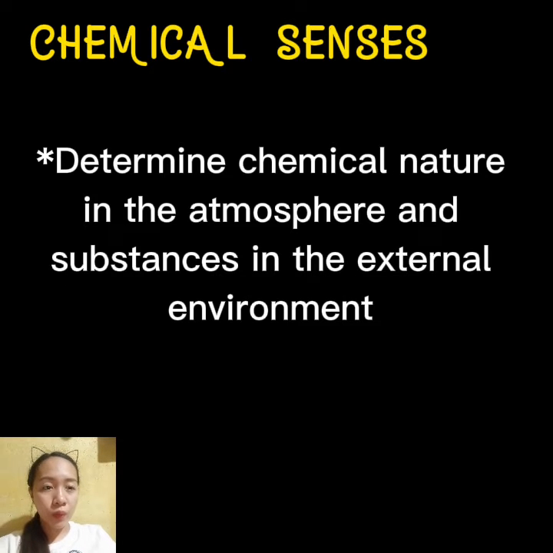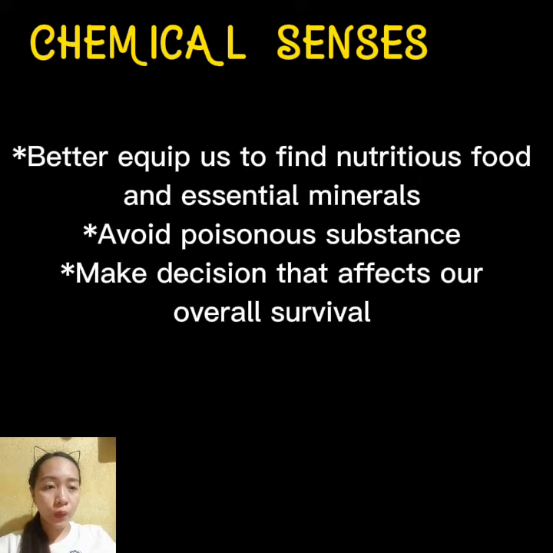So we will determine the chemical nature in the atmosphere and substances in the external environment. We are also better equipped to find nutritious food and essential minerals. We can also avoid poisonous substances, and we can make decisions that affect our overall survival.